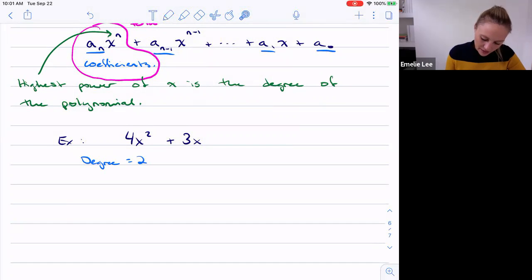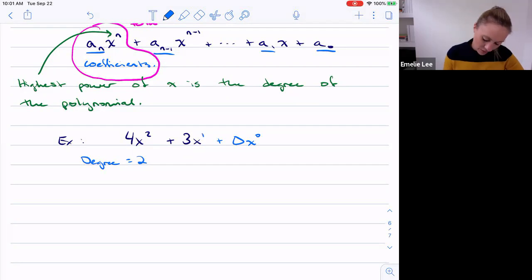And you've got 4x squared plus 3x, and then technically what you have is plus 0 times x to the power of 0.